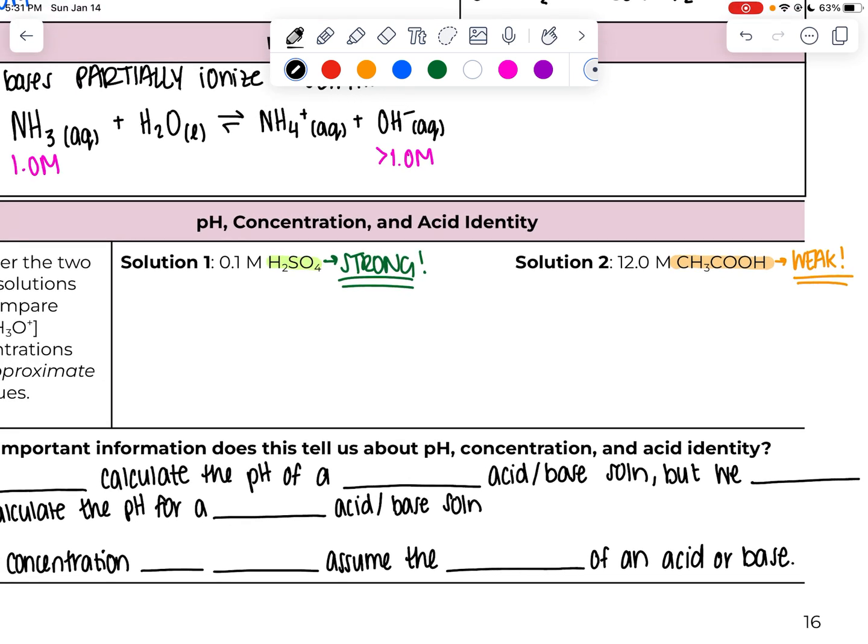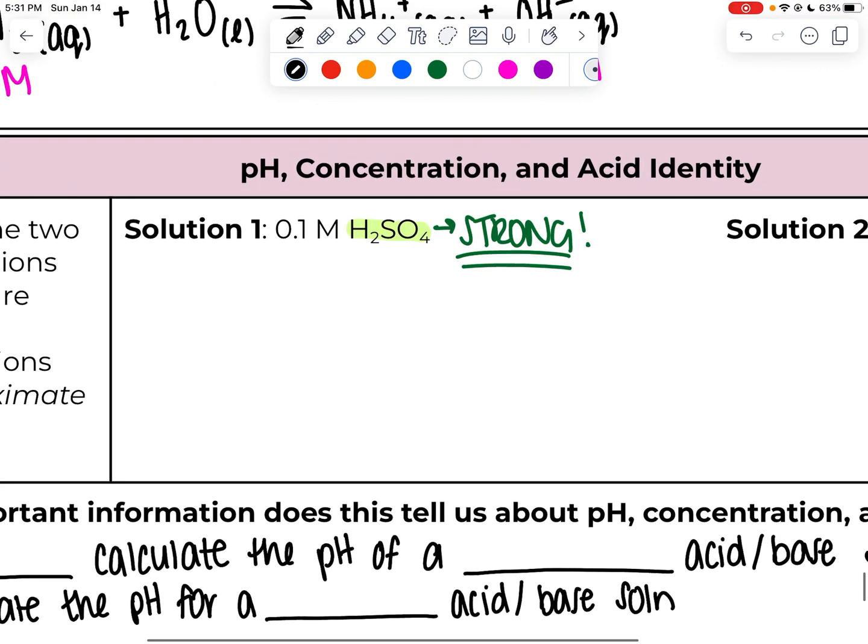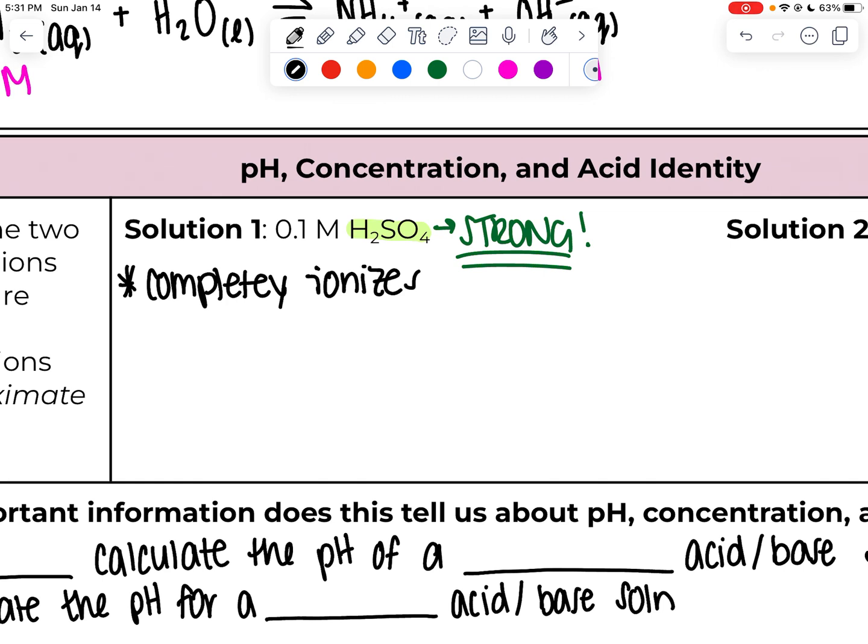So what does that tell you about the amount that they're going to dissociate in solution? So for sulfuric acid, because this is a strong acid, this thing is going to completely ionize. This means, therefore, the concentration of hydrogen ions in solution will be equal to 0.1 molar because this thing is going to completely dissociate.